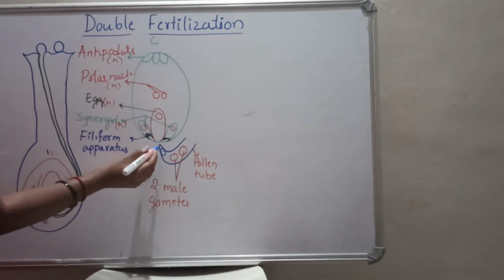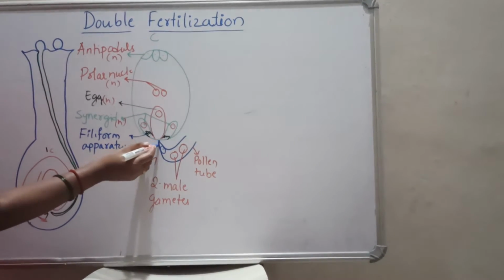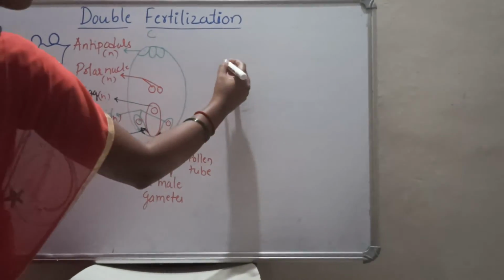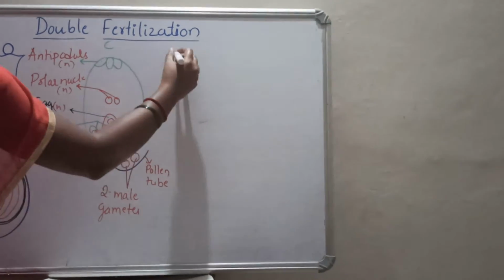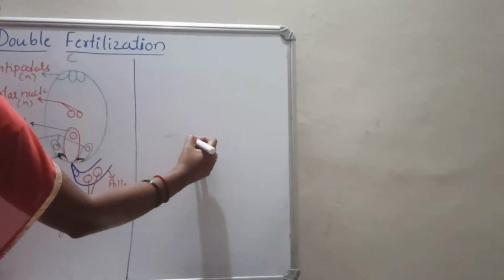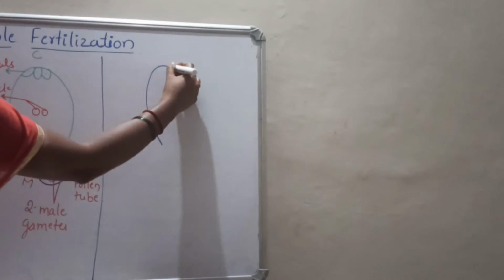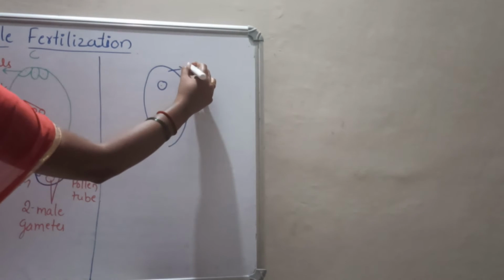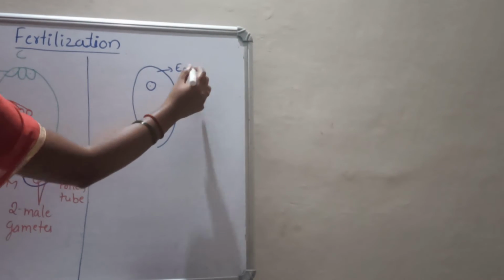After that, the pollen tube enters into the micropylar region. What will happen after? I will draw here. The large cell present here is called the egg cell.